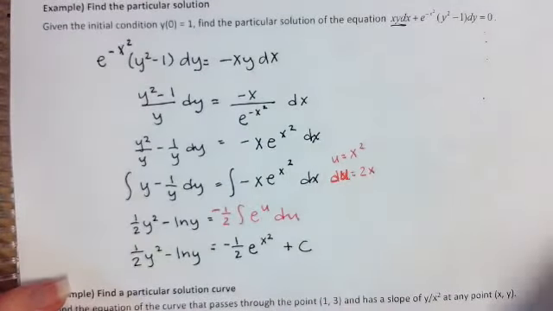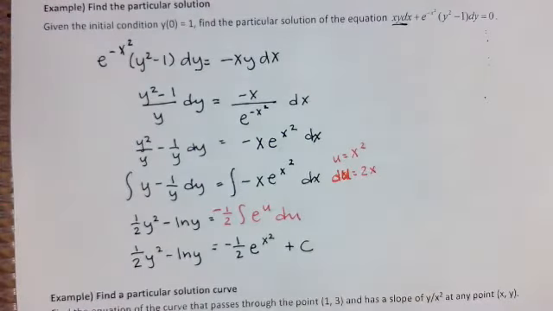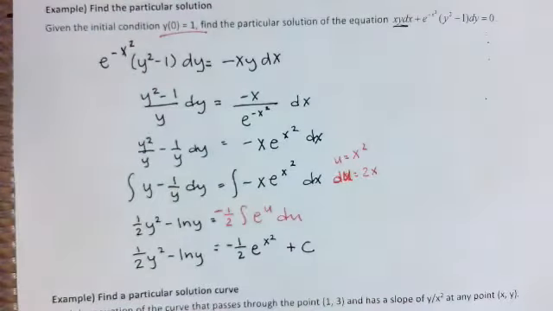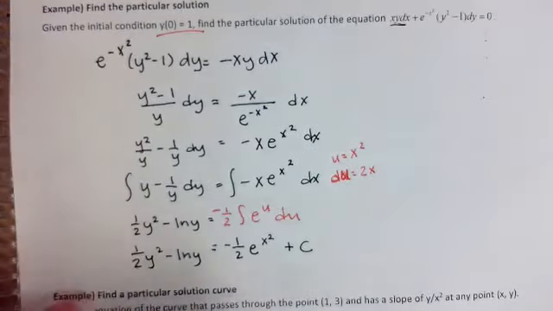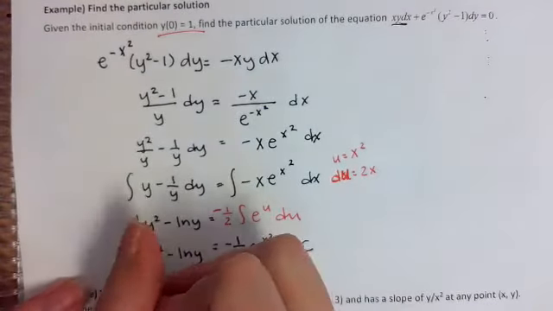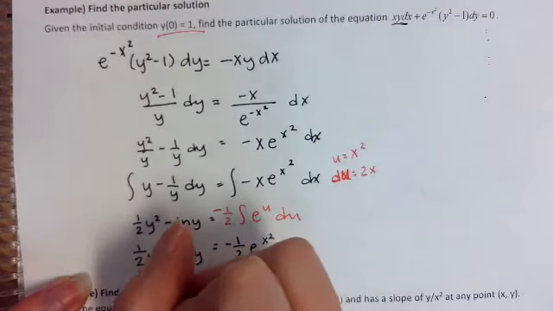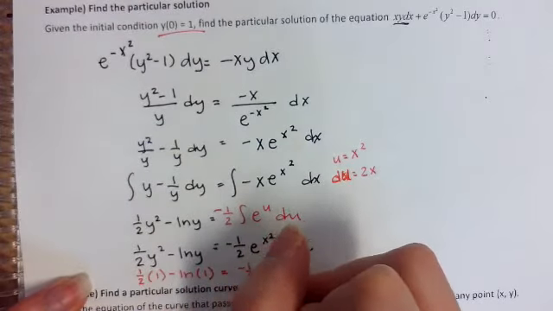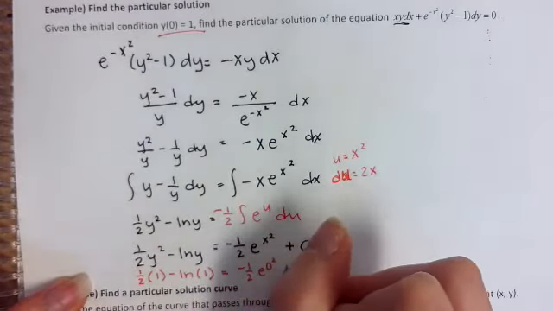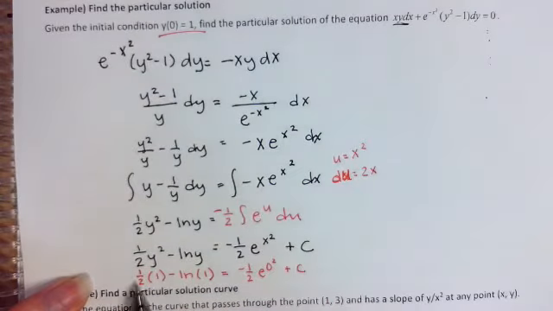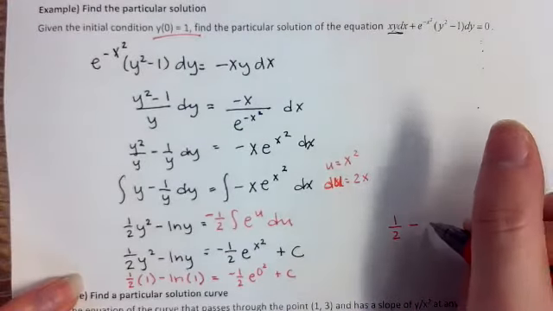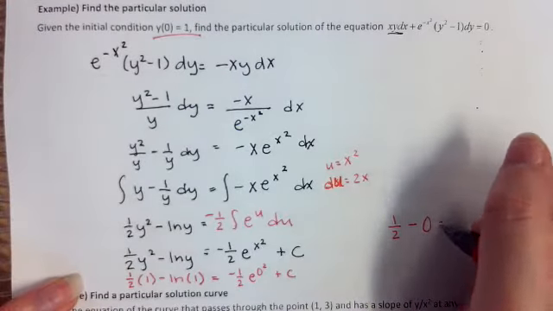Okay, so at this point, we're going to go ahead and plug in our initial condition so that we can solve for C instead of trying to move things around. So I'm going to have 1/2 times 1 minus the ln of 1 equals negative 1/2 times e to the 0 squared plus c. What's 1/2 times 1? 1/2. Okay, what's ln of 1? 0.